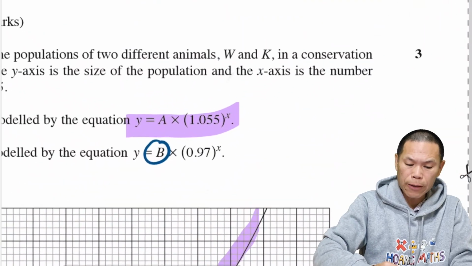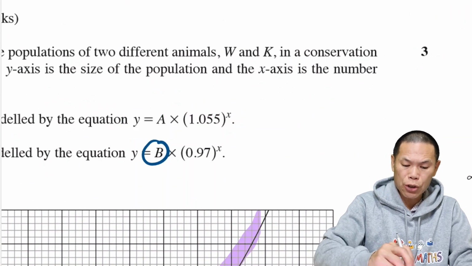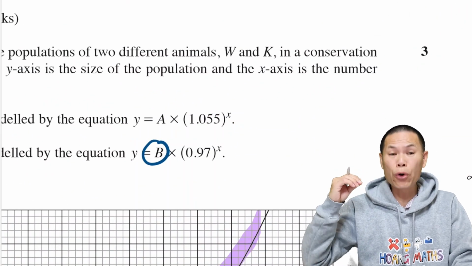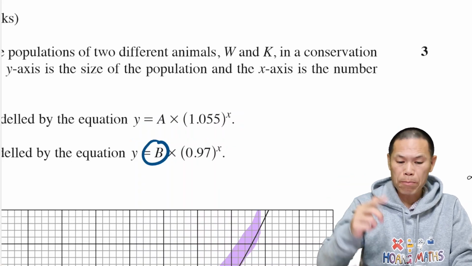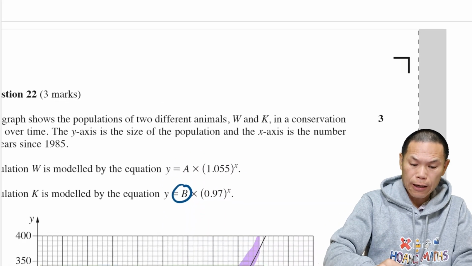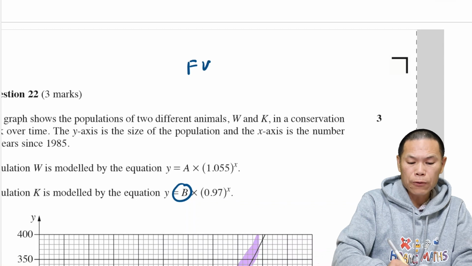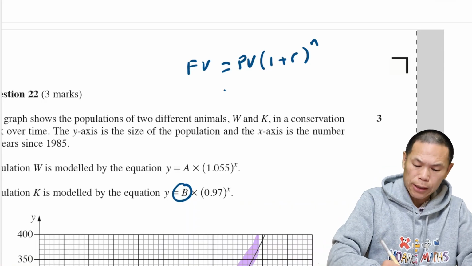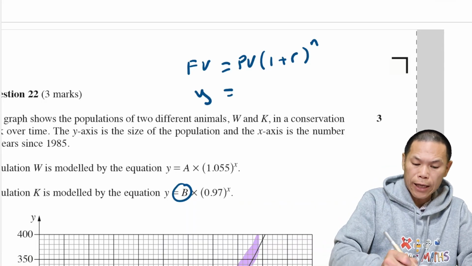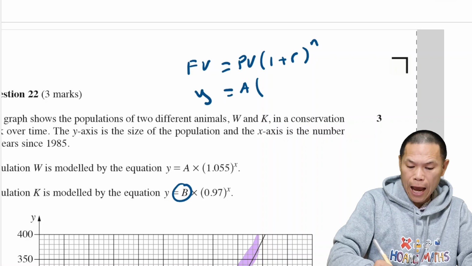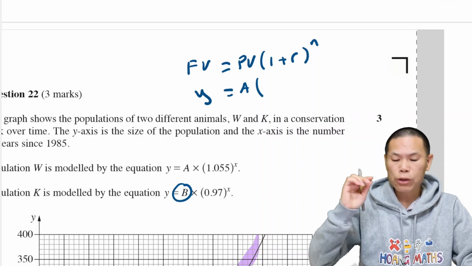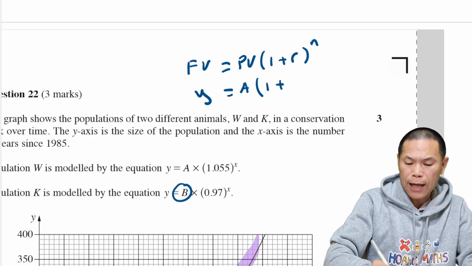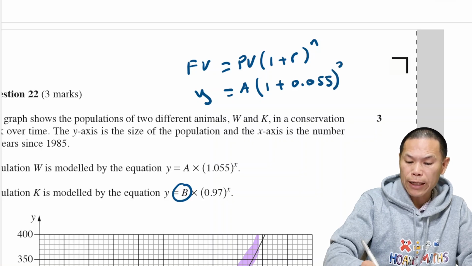And if you think about it, for population W, it is in a model of compound interest. Remember, compound interest is like this. Let me write this here. Future value equals present value times 1 plus R to the power of n. Okay, so this is for W, Y is A times 1.055. It's just like 1 plus 0.055 to the power of x. See?